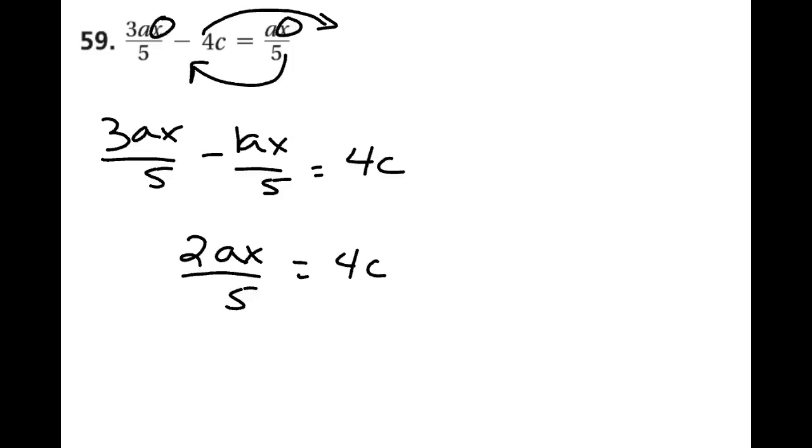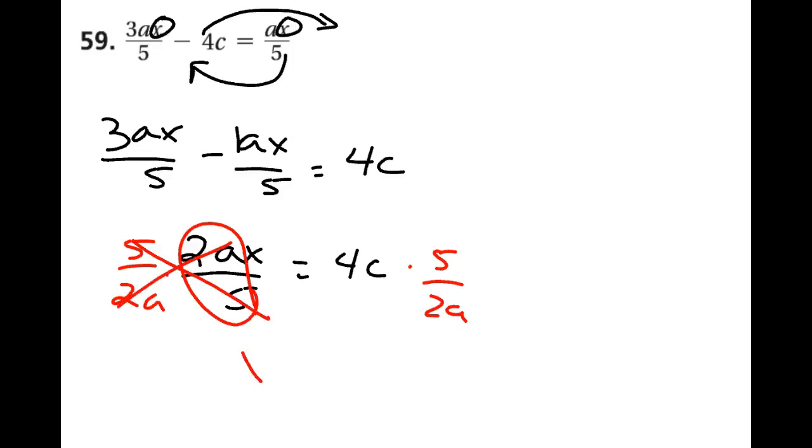Okay, we're solving for x. You could put 4c over 1, cross multiply. You could treat this whole thing as a fraction and say to get rid of a fraction, I multiply by the reciprocal. Fives cancel, 2a's cancel, leaves us with x.